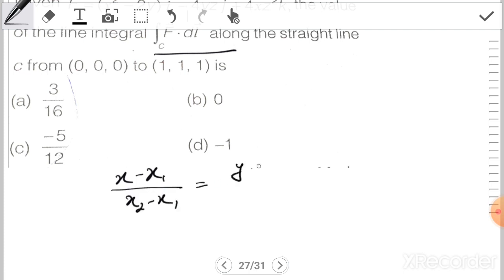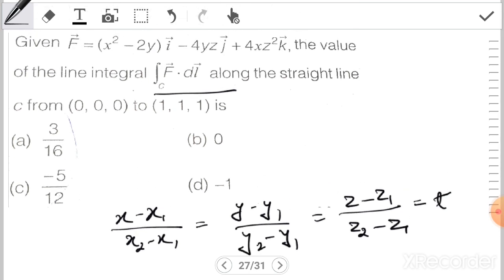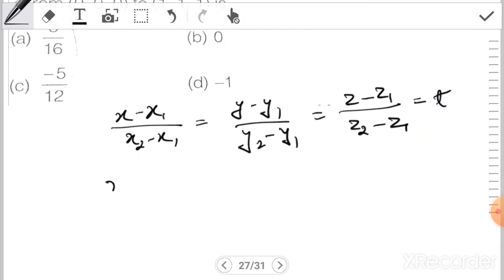So here x1 y1 z1 is 0 0 0 and x2 y2 z2 is 1 1 1. So now putting the values, you will get x is equal to y is equal to z is equal to t.